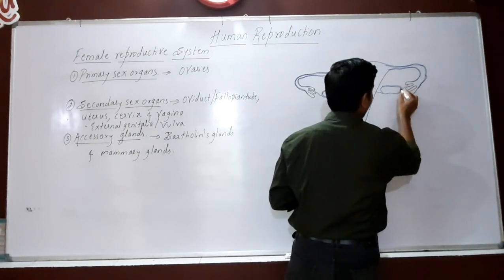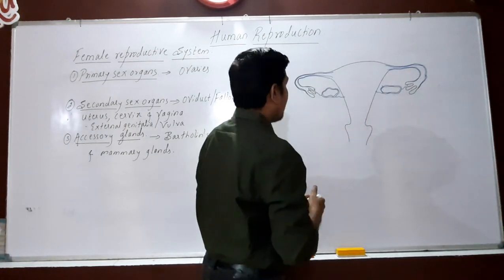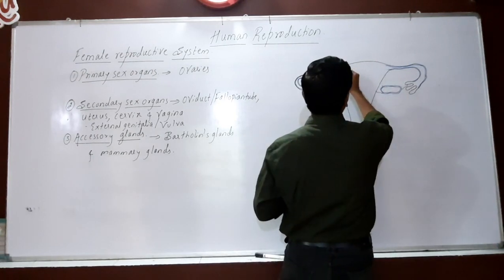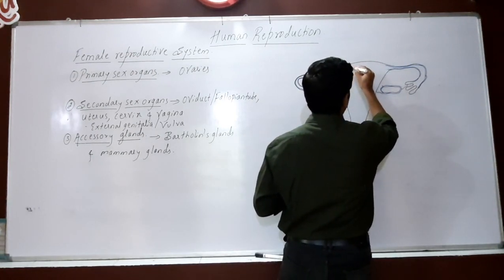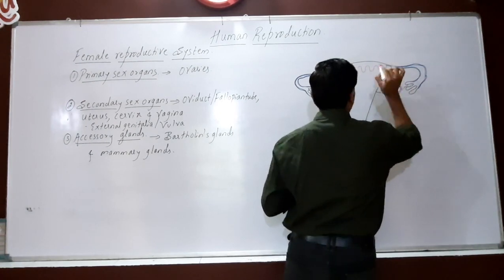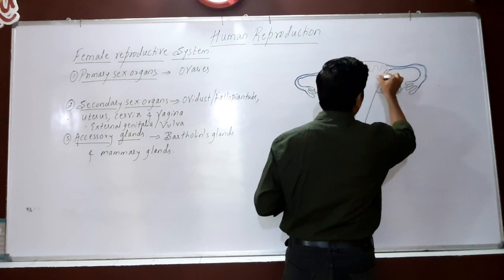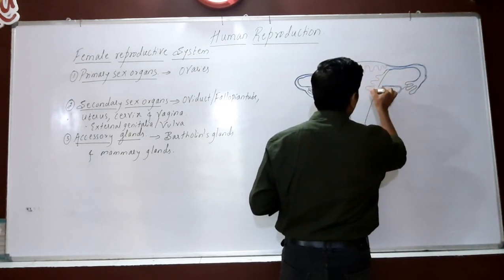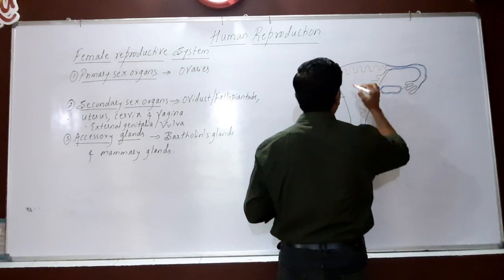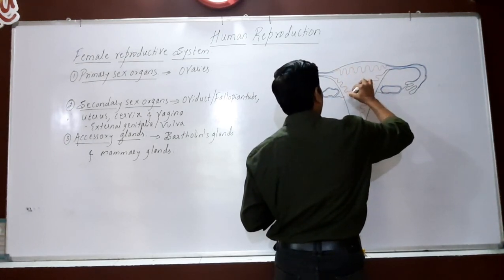So a pair of ovaries are present here in the female reproductive system, in the pelvic region. And here we find the wall of the uterus.